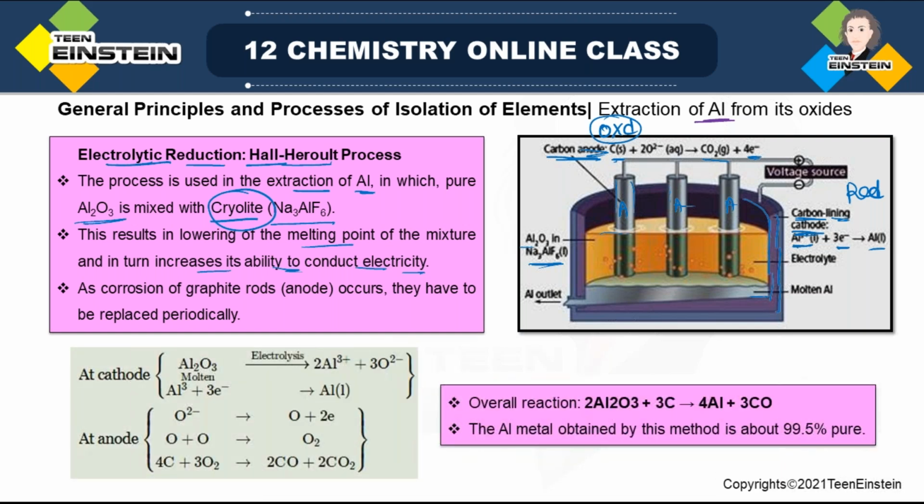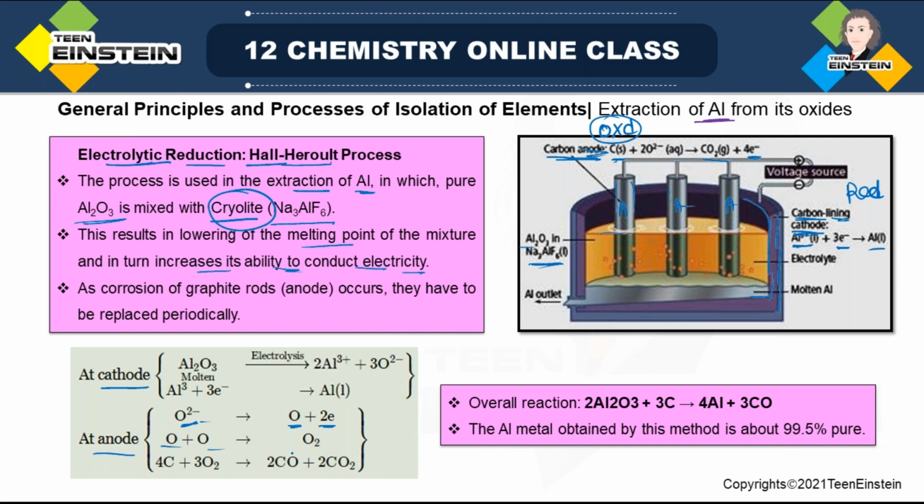Now we will see the reactions. First we will see the anode, because at the anode the O2- ion is basically generated from alumina. Now this O2- ion, when it releases electrons, will be converted to a neutral oxygen atom.